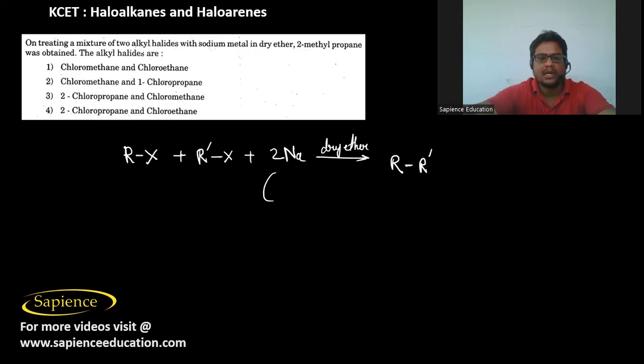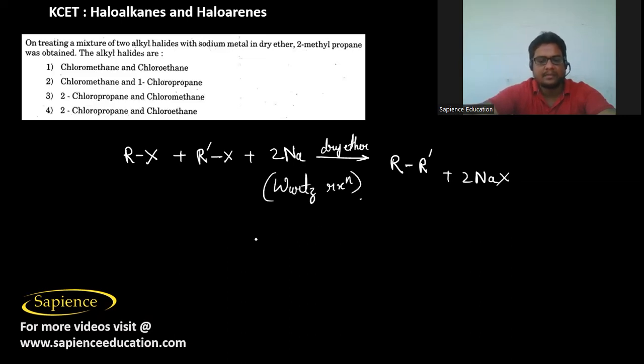Simply, the two alkyl groups which are linked with the halogen atoms will be linked with each other, and it will form 2NaX, the sodium halide. This type of reaction is called Wurtz reaction.